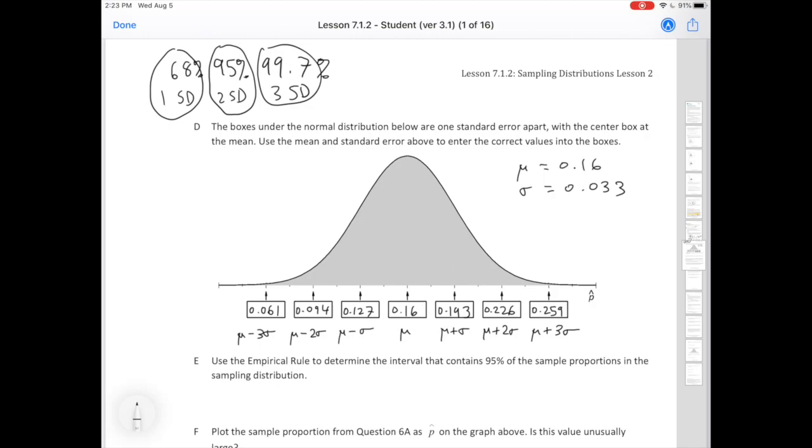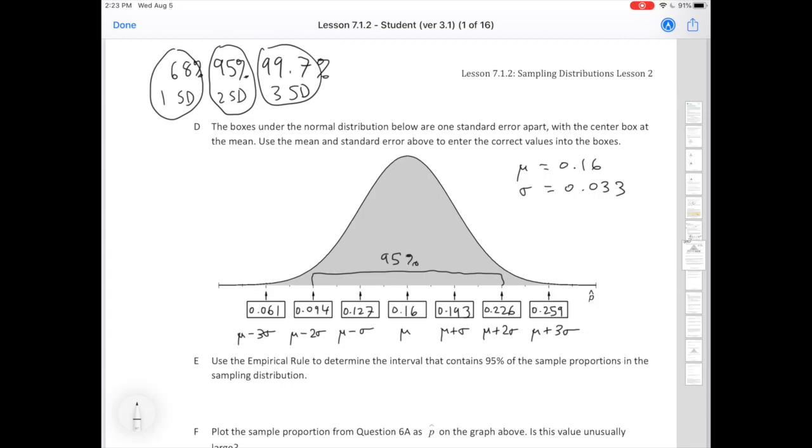So because they want 95%, we actually want two standard deviations, right? So what would that be? Well, that means we're going from two standard deviations to the left until two standard deviations to the right. So this would be our 95%.